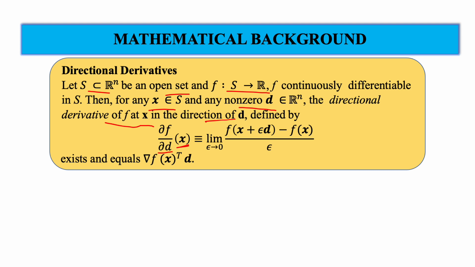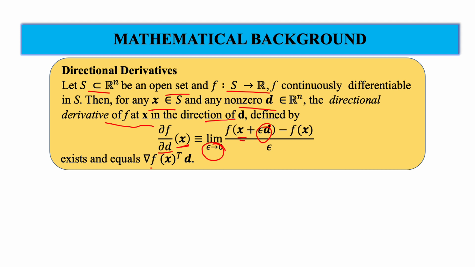This is the limit as epsilon tends to 0 of (f(x + epsilon d) - f(x)) / epsilon. So you make a small movement of epsilon along the direction of d from x, in the limit as epsilon tends to 0. How does f behave? This is called the directional derivative of f at x along the direction of d.